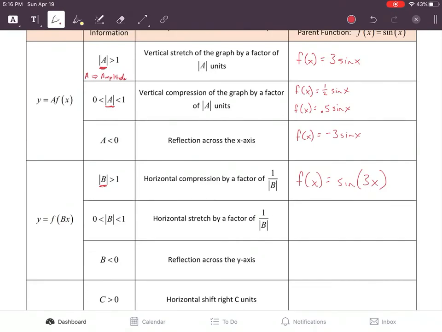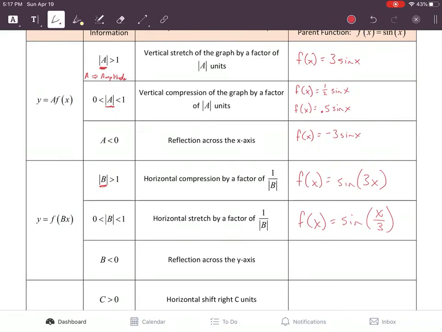All right, if the number is a fraction on the x term, or sorry, the b term, then it's going to be a stretch for horizontal. So f of x is equal to the sine, and we're going to have x over 3. Okay, this would be a horizontal stretch. It's going to make the period go longer, and a horizontal compression would make the period go shorter.